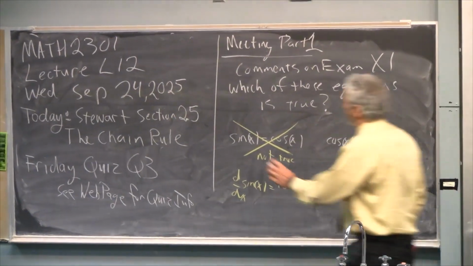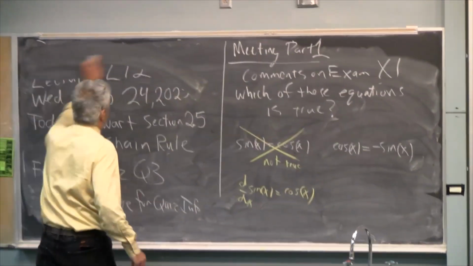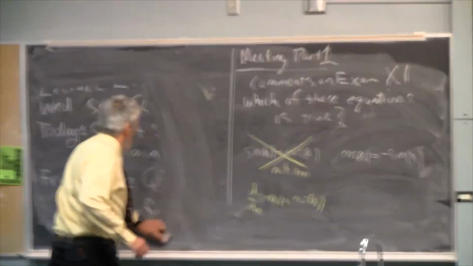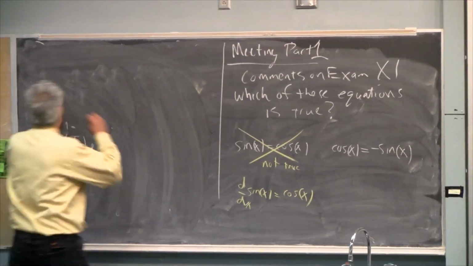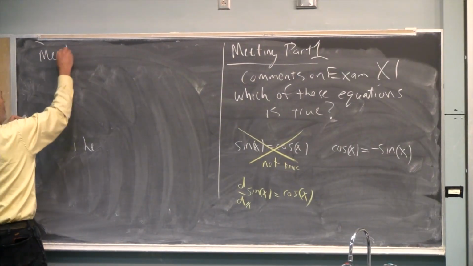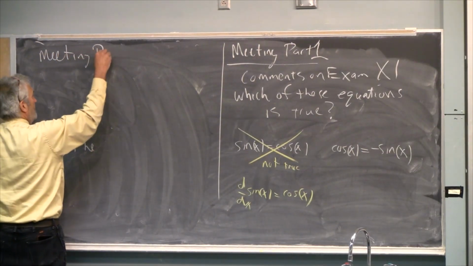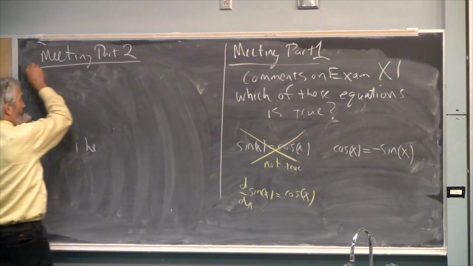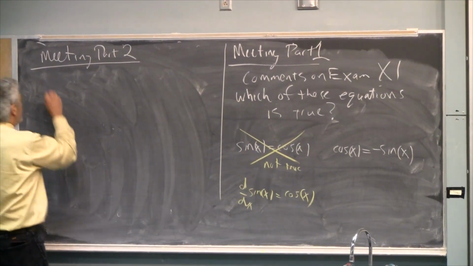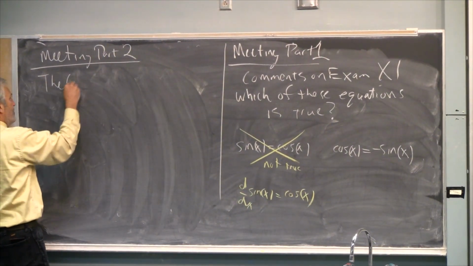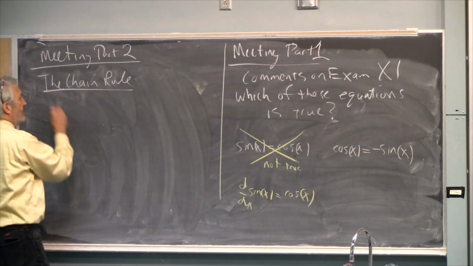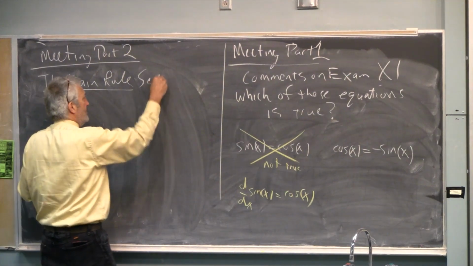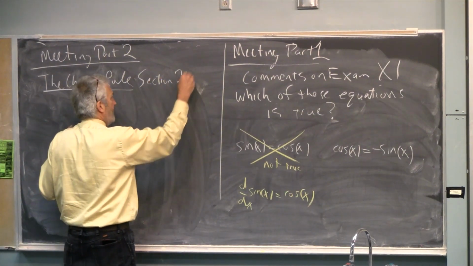All right, meeting part 2 is the chain rule, which is section 2.5.